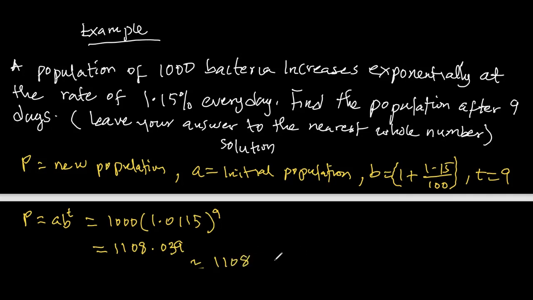So this will be the new population of the bacteria that is increasing at the rate of 1.15% every day. So in the next 9 days, we expect the bacteria to have an additional 108. So this example explains exponential growth.